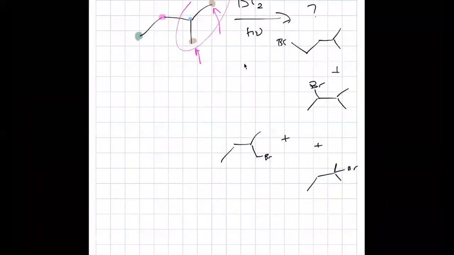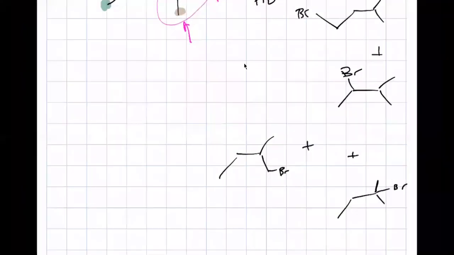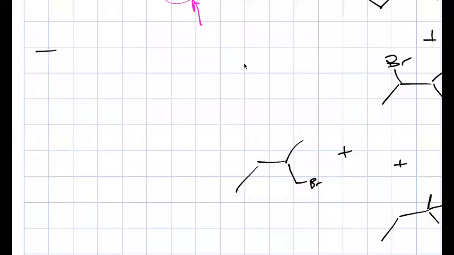That's the question. What are the 3 steps in any radical mechanism? Initiation, propagation, termination. Good. Those 3 steps are for every radical mechanism. The initiation step is going to be bromine getting broken up into its 2 parts.